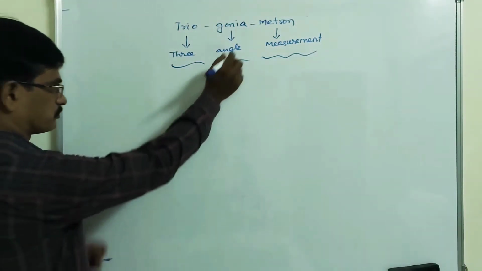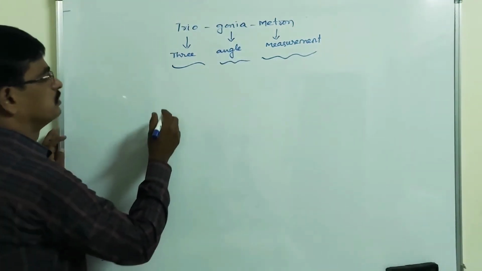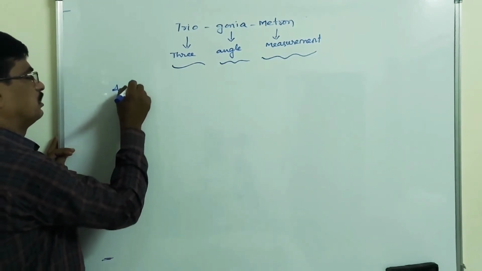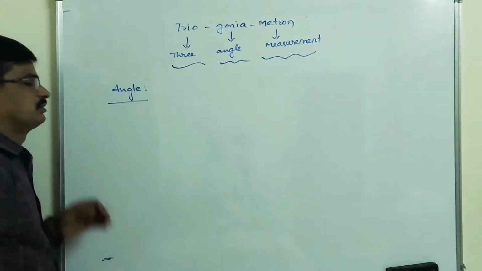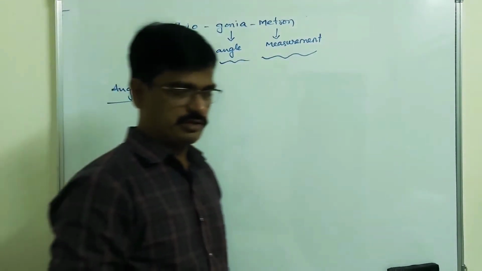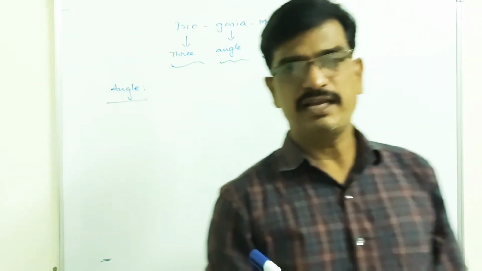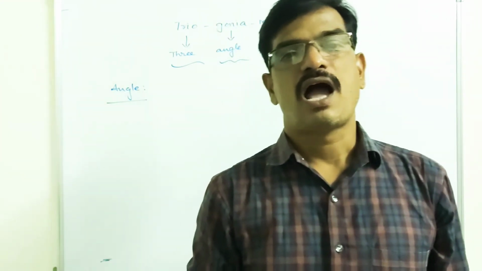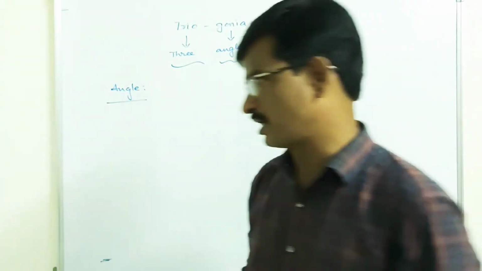Before that, what is meant by angle? Angle is the union of two different rays having the same initial point.